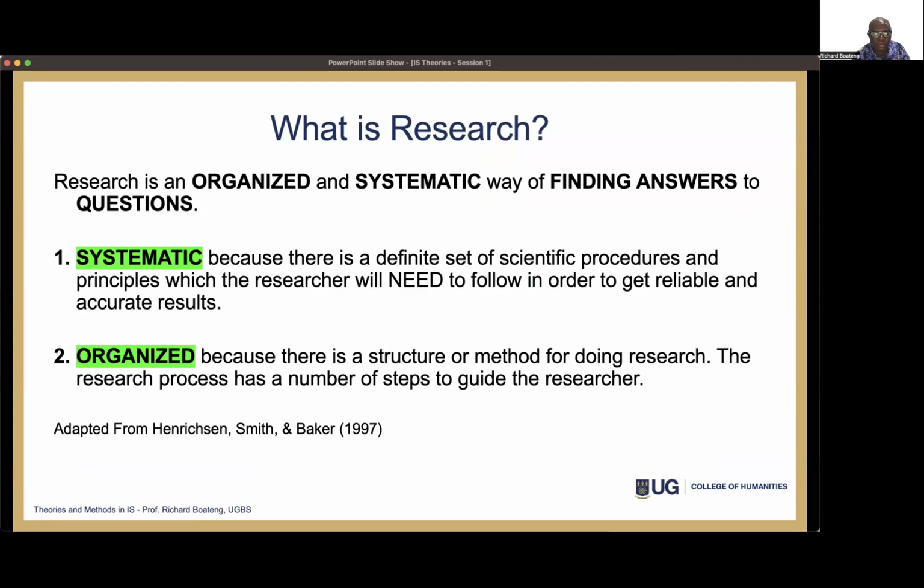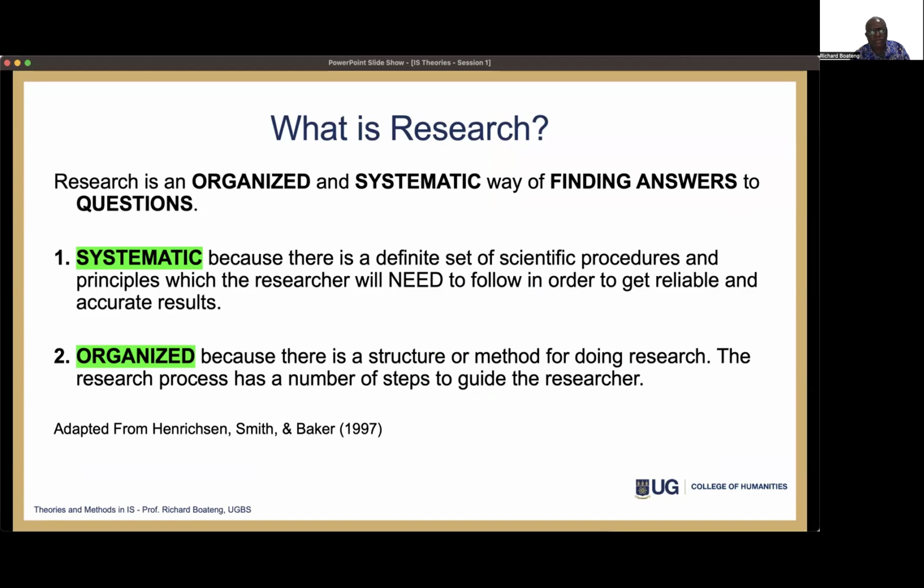It's systematic because when you talk about research, especially within academia or within information systems, which is an academic discipline, researchers tend to belong to a scientific community, and those scientific communities define certain scientific procedures and principles which researchers within that community need to adhere to in order to get reliable and accurate results within that research discipline.